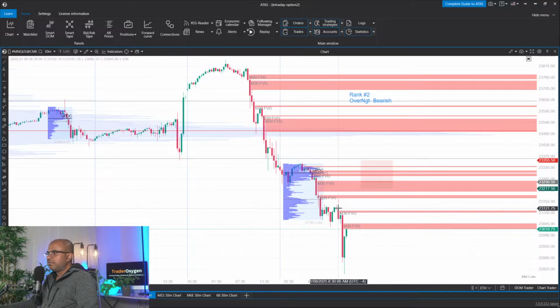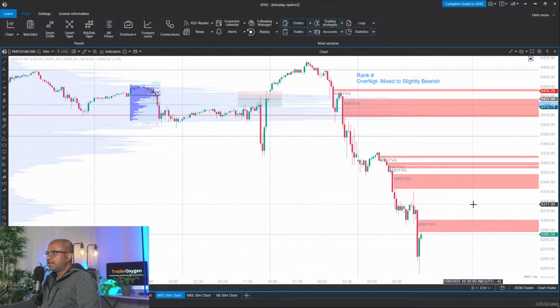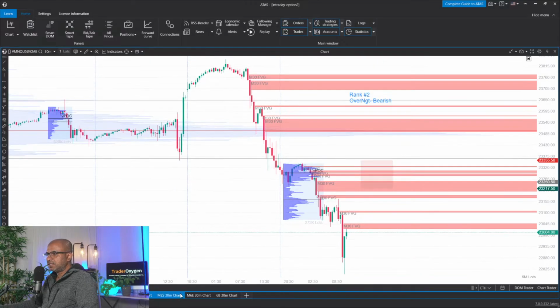Now for example, if we had this pullback coming into this area, into this high volume node, we would have considered a possible entry. However, we look into the footprint chart as well at that moment, before we enter. But then again here, if this brought the price somewhere, let's say over here into a high volume node, then we would have considered getting into such a trade.